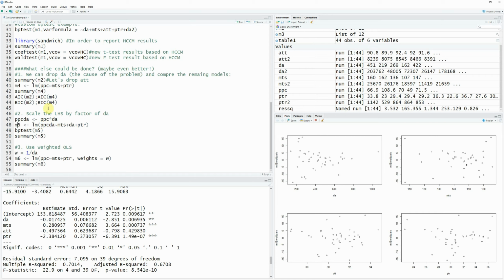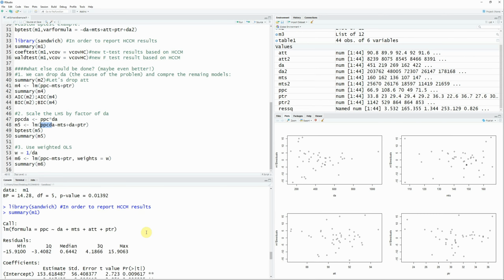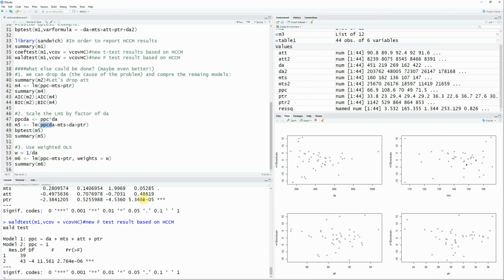So now we didn't throw the DA out as opposed to the case here, and we are keeping it, and we have it in our right hand side, and we use this in our left hand side. By the way, I kicked ATT out because ATT was not significant in any of our models.